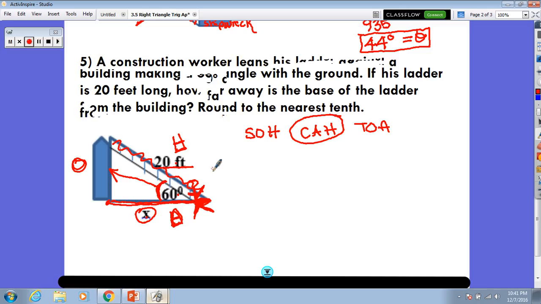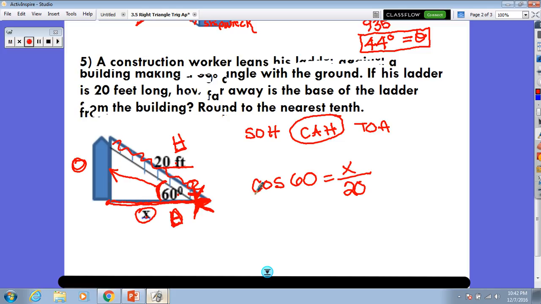So we know we're using cosine. I'm not going to say cosine and theta here because they gave me the angle measurement. So I'll plug in 60 degrees, and that equals adjacent, x, divided by the hypotenuse, which is 20.